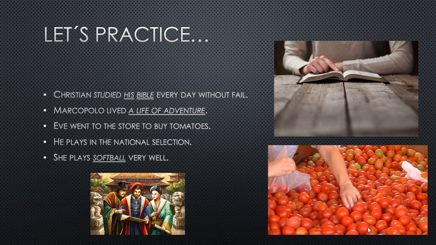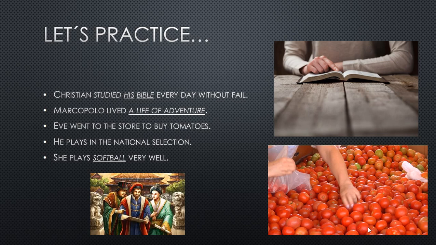Yes, tomatoes. But what if we take out tomatoes? Eve went to the store to buy. We don't say what, so we don't have a receiver for the action. But tomatoes in this case is going to be the receiver, so this one is going to be a transitive action verb.